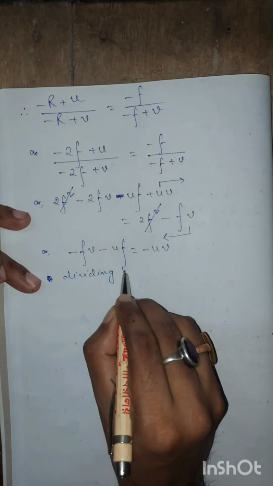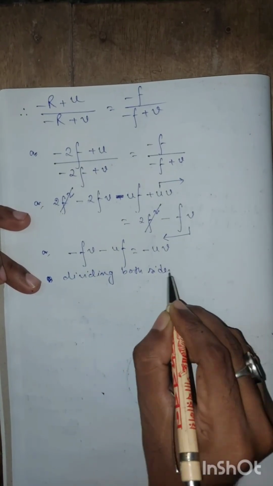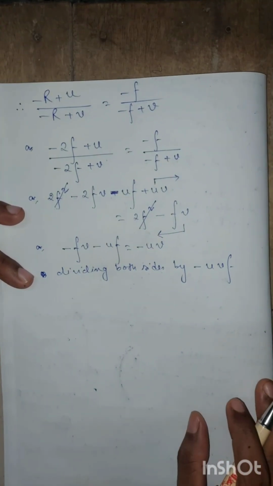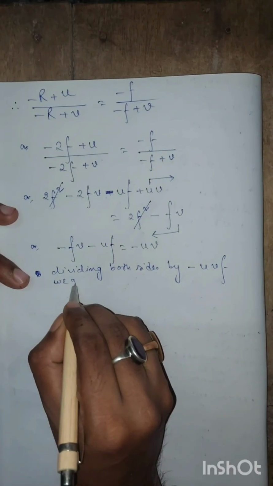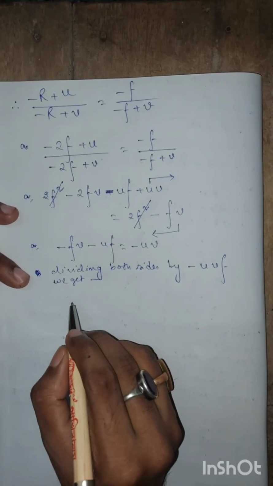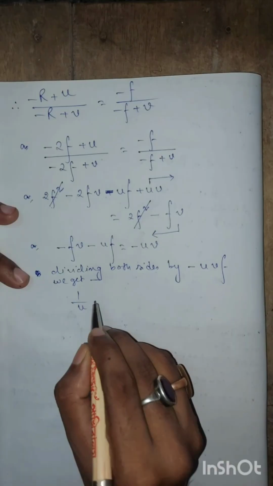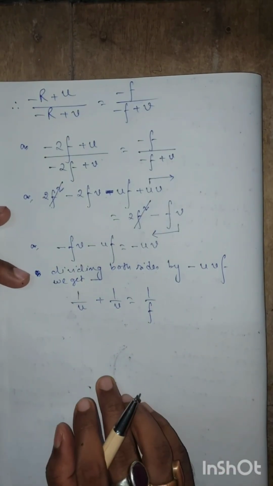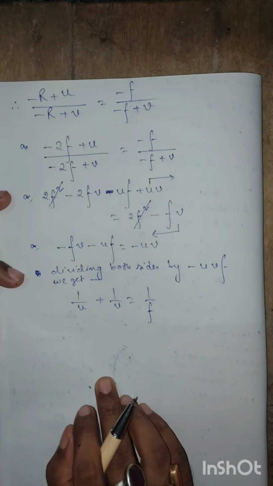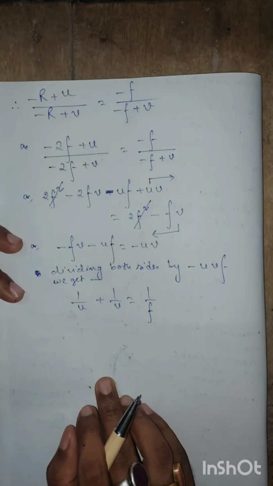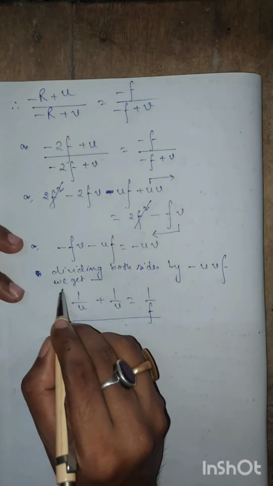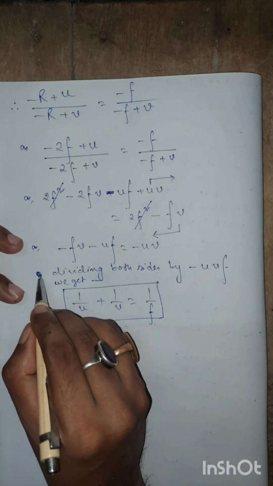Dividing both sides by minus UVF, we get 1 by U plus 1 by V is equal to 1 by F. So this is our mirror formula.